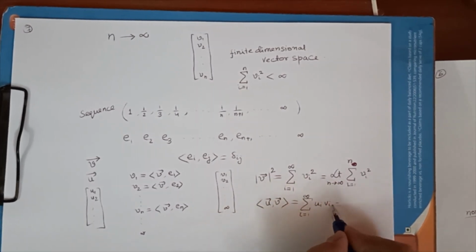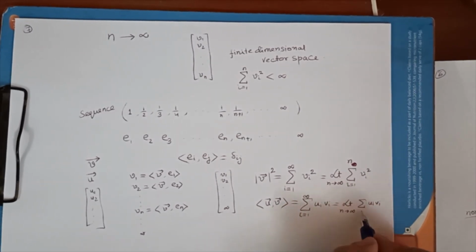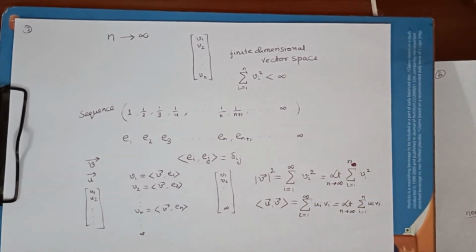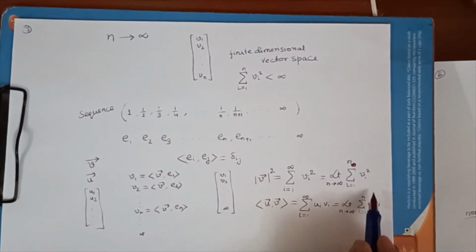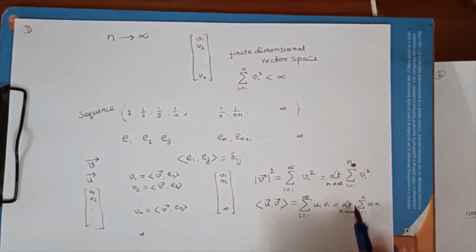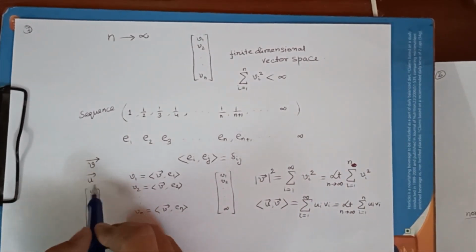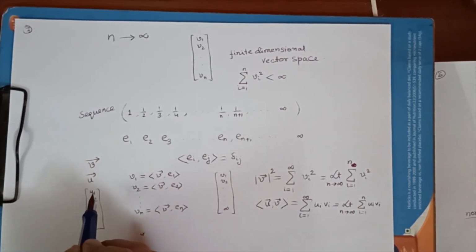This has the meaning that it has to be limit n tends to infinity of the summation ui vi, i equal to 1 to n. If this limit exists, then only these two are legitimate representations in that infinite dimensional vector space. If there is no limiting value, if this sum goes to infinity as n tends to infinity, then they are not members of any legitimate infinite dimensional vector space.